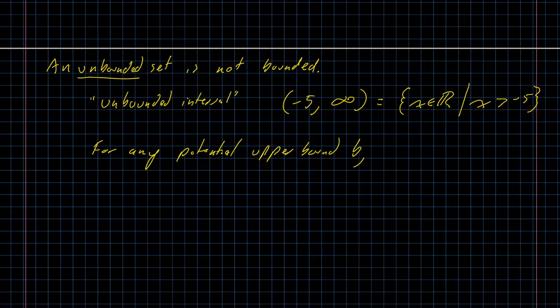For any potential upper bound b, we know for certain, based on the definition here, that we're going to pick a value where -5 is less than b.